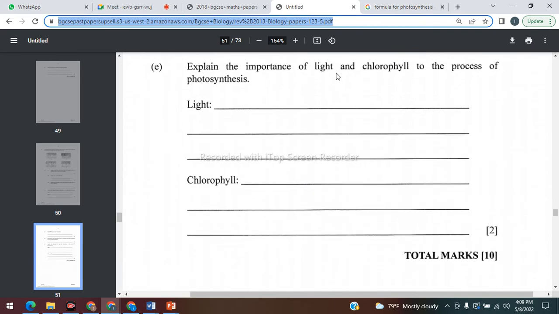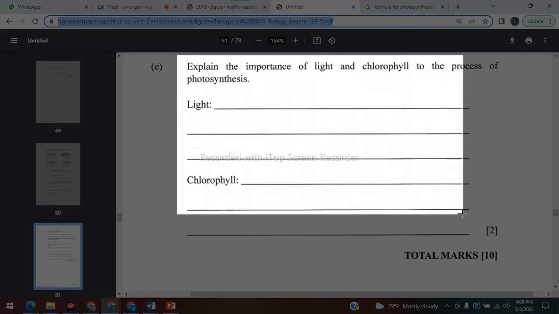All right, next up would be: explain the importance of light and chlorophyll to the process of photosynthesis. Without light, it wouldn't make its food, right?